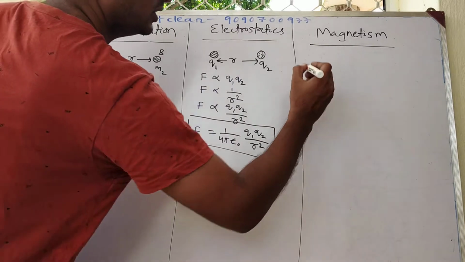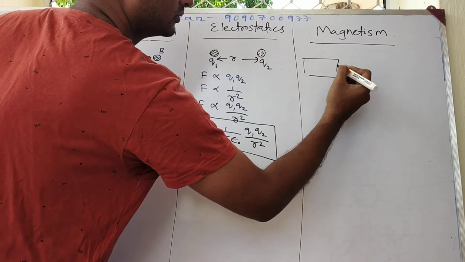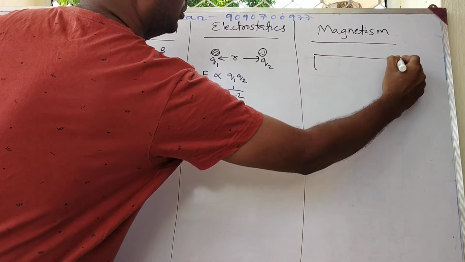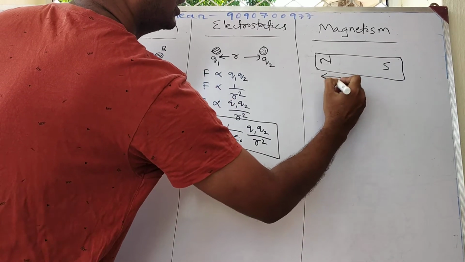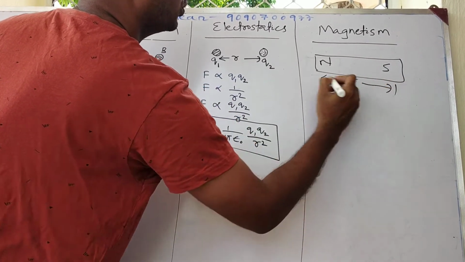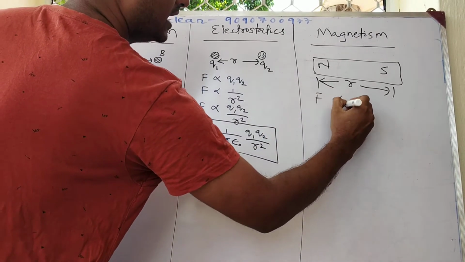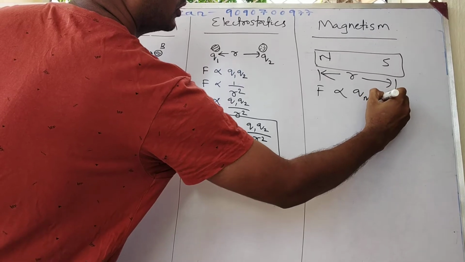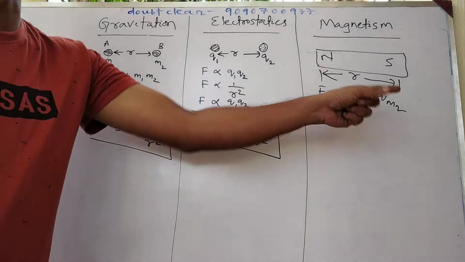Similarly, if I am considering a magnet, you know a magnet has a north pole and a south pole. Let the distance between the two poles be r. Then the magnetic force is directly proportional to the product of the magnitudes of the two pole strengths.